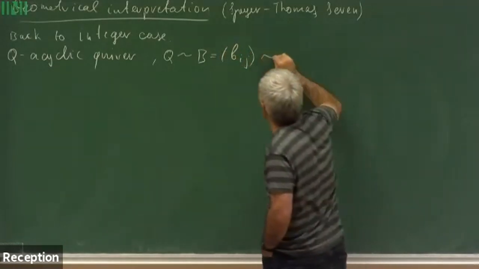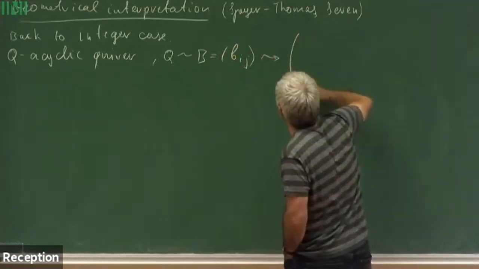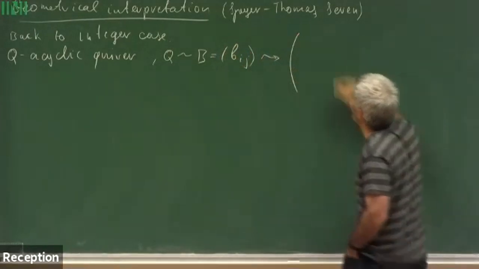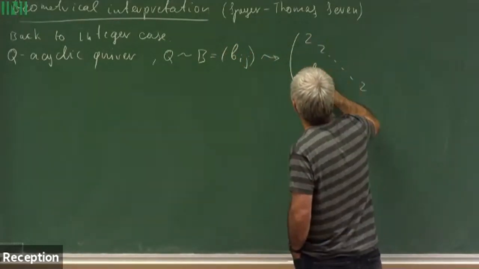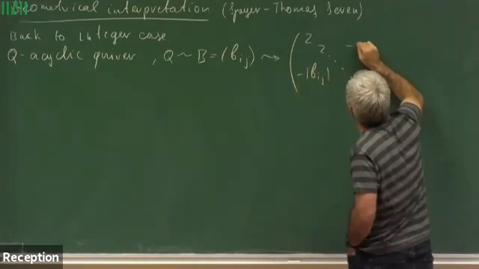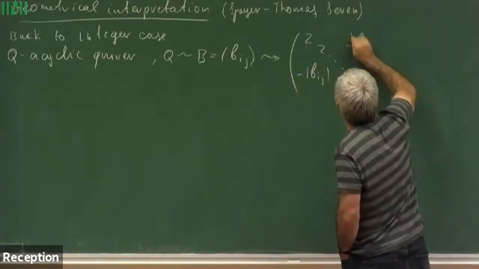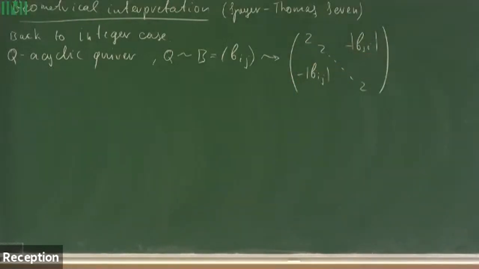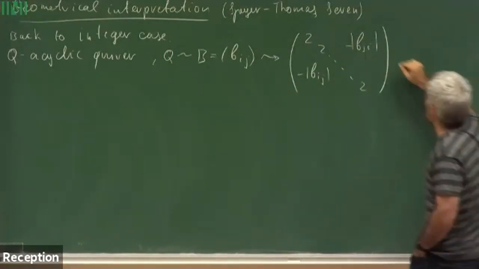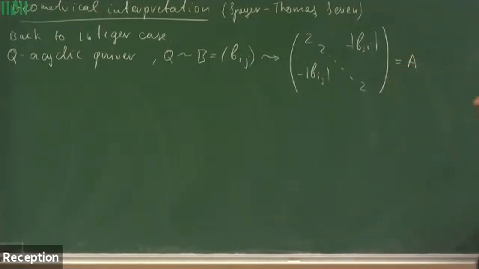From the exchange matrix, I can construct a quadratic form, using the modulus of Bij, which is the same. A symmetric matrix. Let me denote it by A.